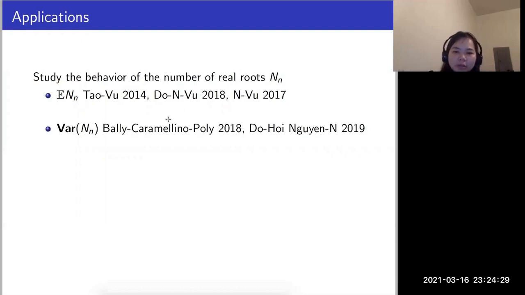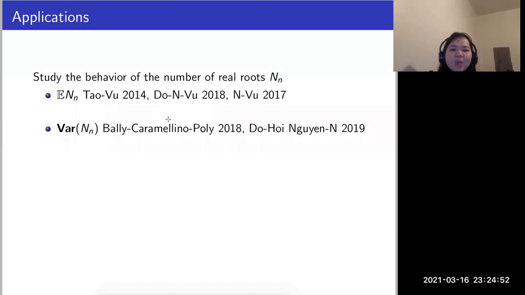We also use it to study the variance of N_R, which was originally studied in a very surprising work by Bally, Caramellino, and Poly in 2018, and then by Do, myself, and Oanh Nguyen in 2019.